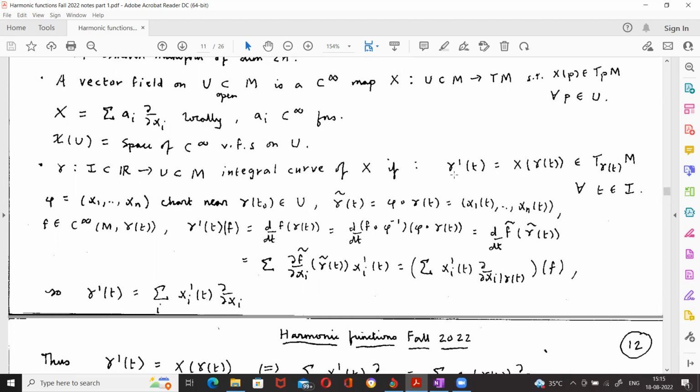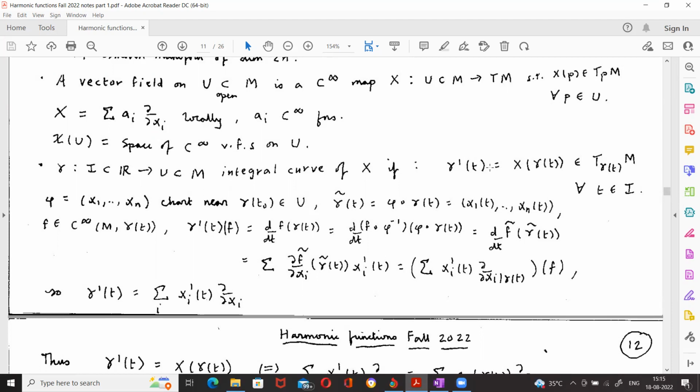Remember, for any smooth curve, we defined gamma prime of t as an element of the tangent space at gamma of t, and X at the point gamma of t is by definition also an element of the tangent space at gamma of t. So this equation makes sense. Both sides are elements of the tangent space at gamma of t. This is the ODE that we want an integral curve of X to satisfy.